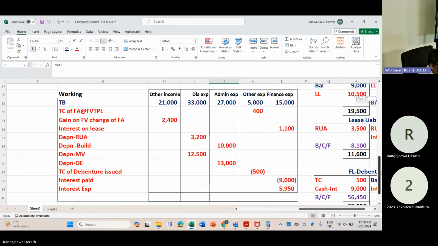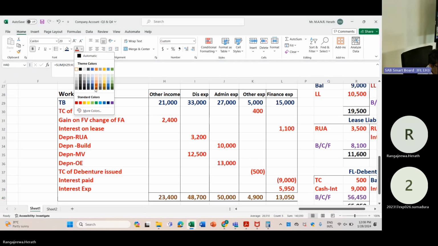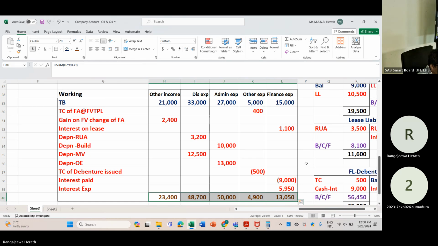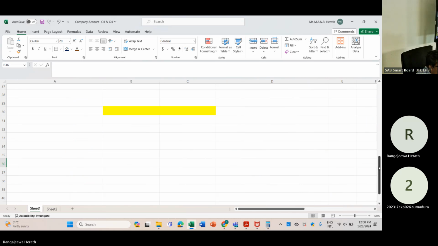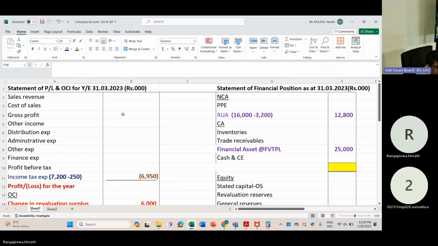Then we can take the total of these expenses. Can take these totals: other income, distribution, admin, finance. We are out of time, so I will take those figures here.